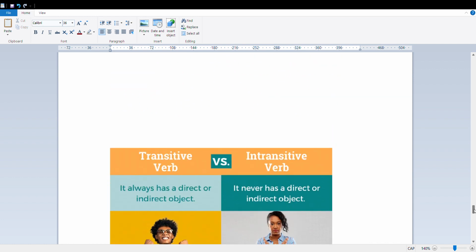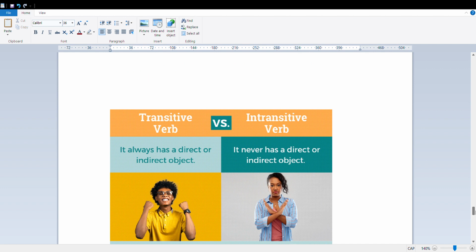Now further, we'll see the explanation which is done above as a conclusion here. Transitive verb versus intransitive verb.